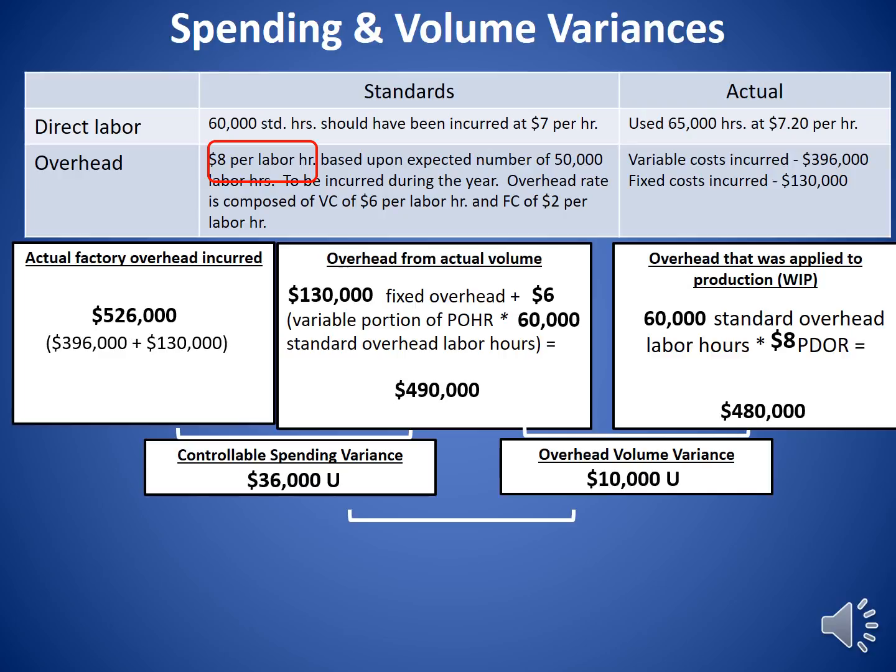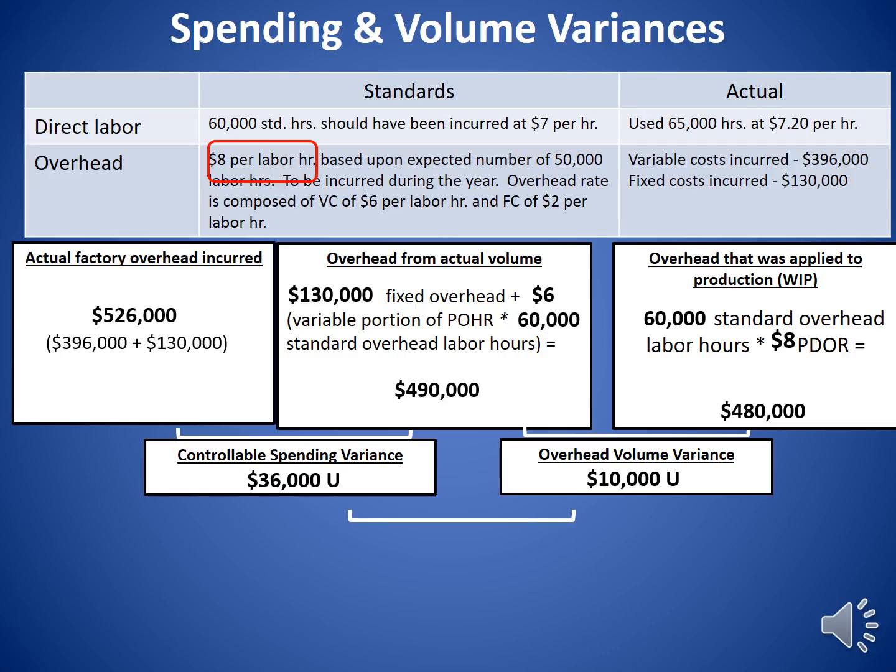We compare the overhead from actual volume, which was $490,000, to the amount that we applied, $480,000. So we have an overhead volume variance of $10,000. Again, we applied less than we should have, so it was $10,000 unfavorable.